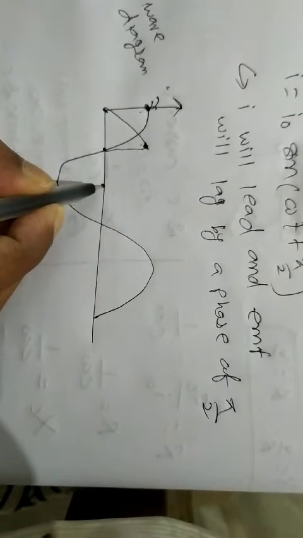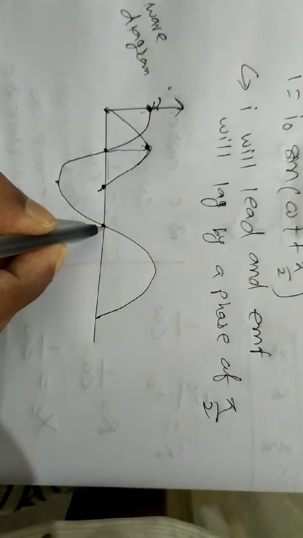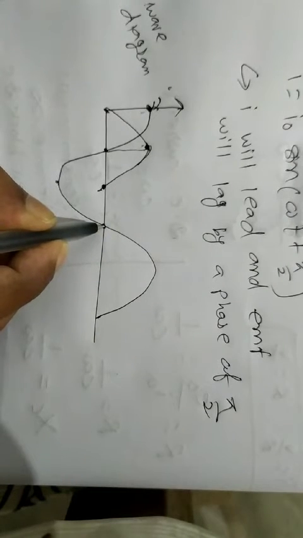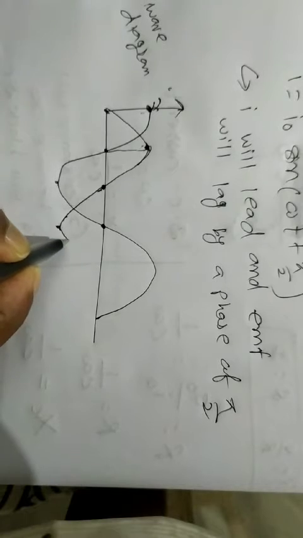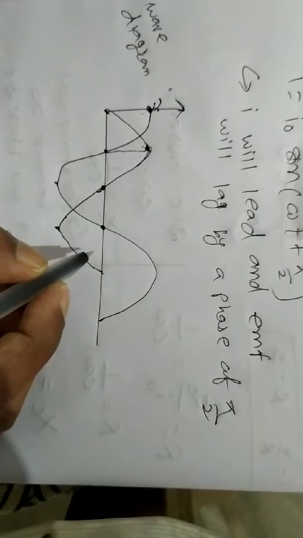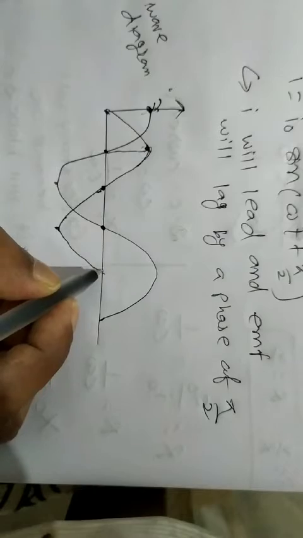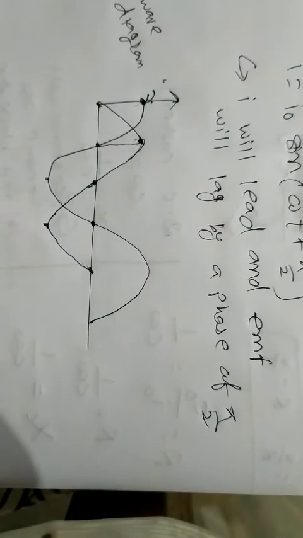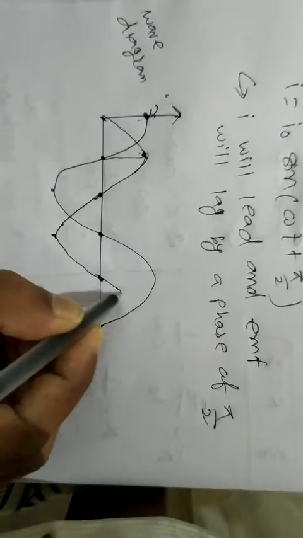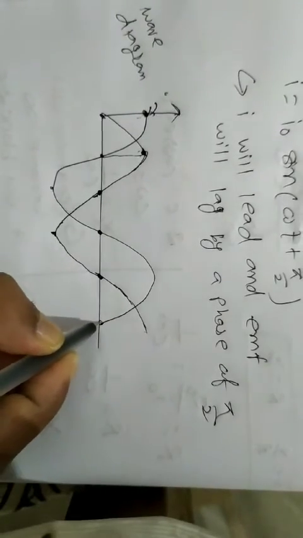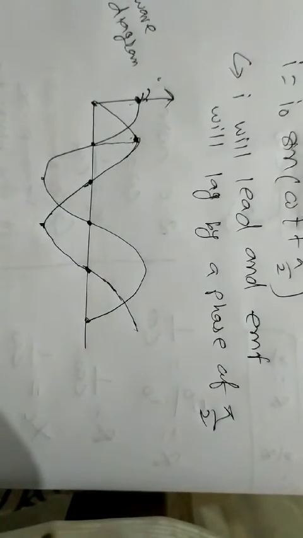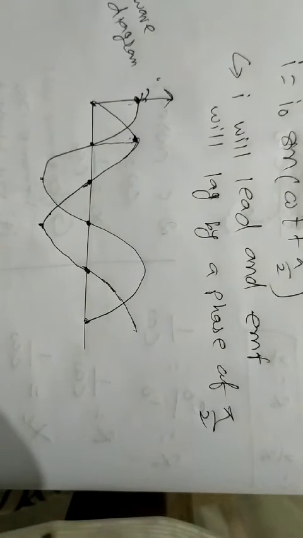It will pass from here. At this point it is 0, so it will take its maximum value here. And then it will again go like this. Clear? Again here it will be 0, here it will be maximum. So this graph will go like this.